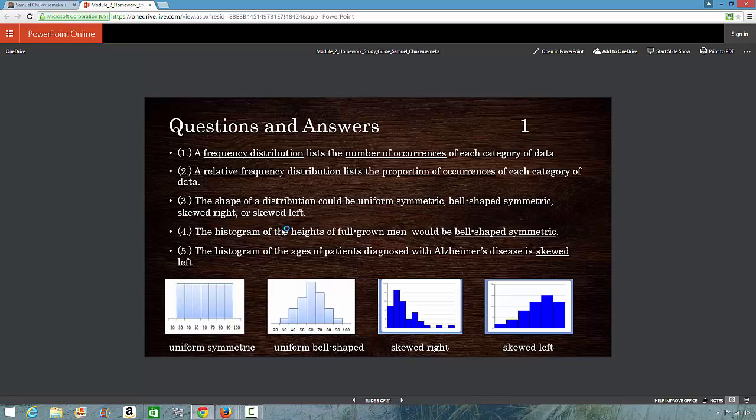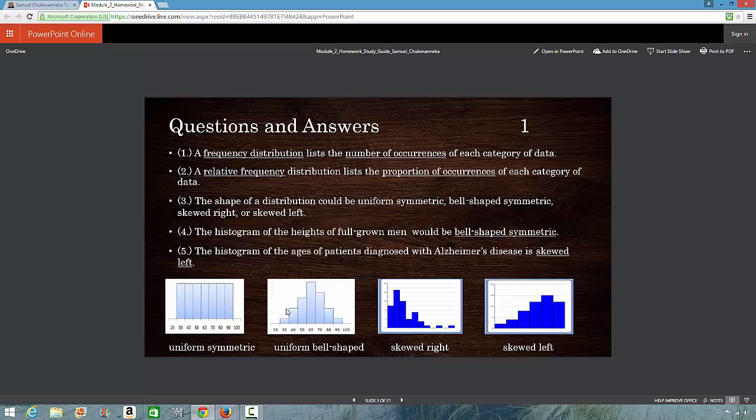The shape of a distribution, we say it could be uniform symmetric. If the distribution looks this way, it is known as a uniform symmetric distribution.